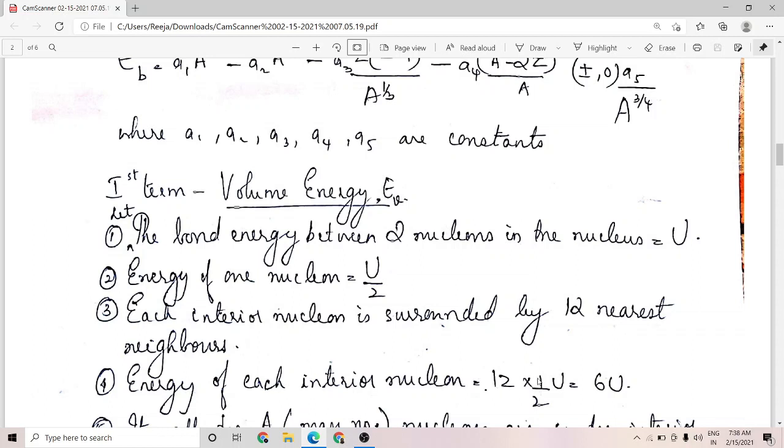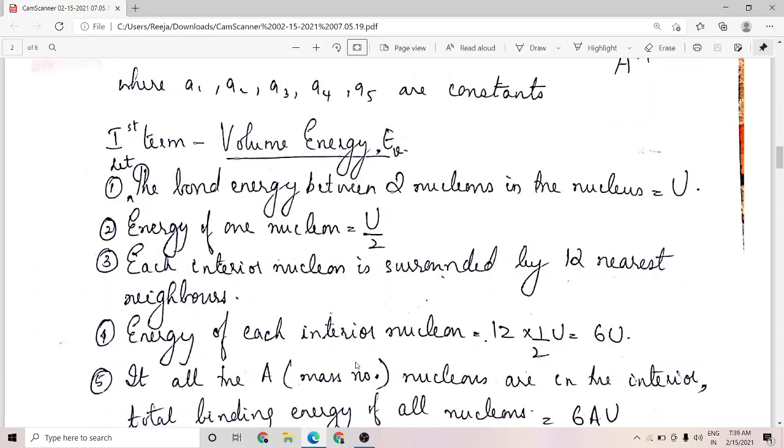That is 12 into U by 2, that is 6U. So this is the energy of one nucleon.